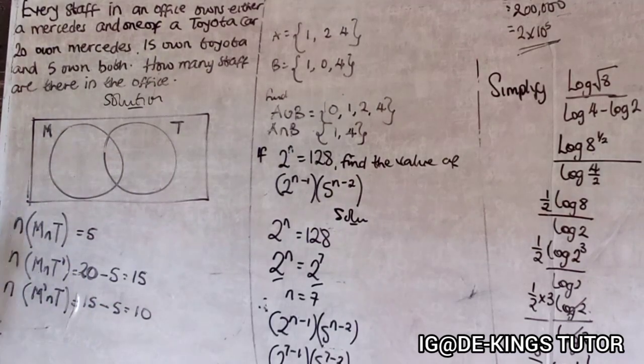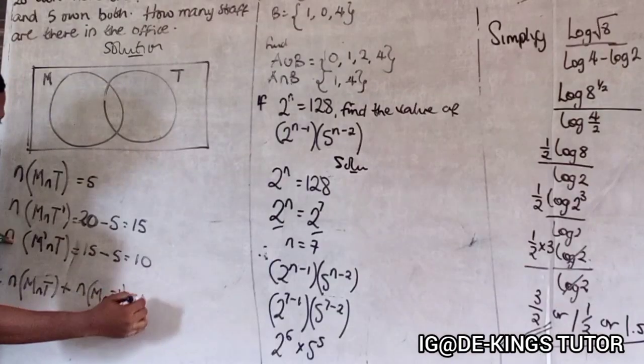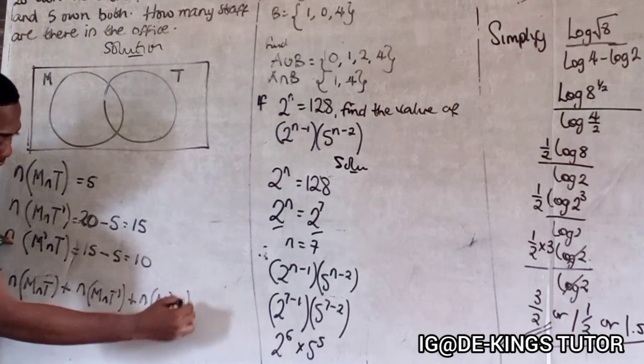Therefore, the number of staff will be the number of Mercedes intersection Toyota, that is the ones that have both, plus the ones that have only Mercedes, plus the ones that have only Toyota.